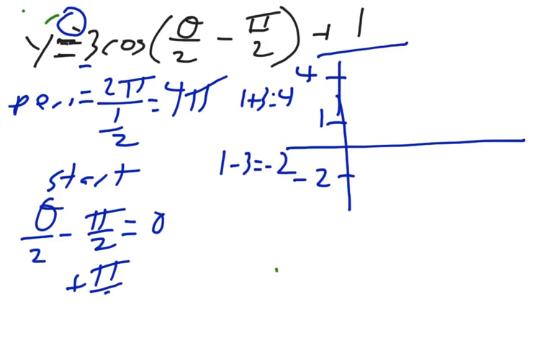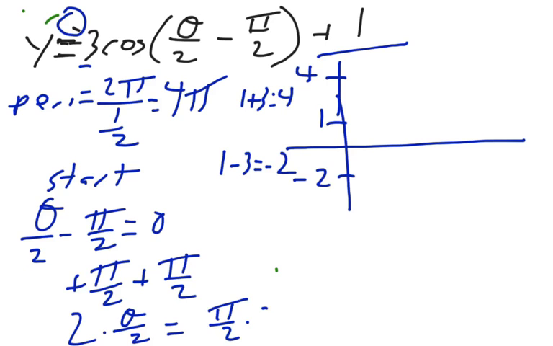Add pi over 2. So theta over 2 equals pi over 2. Multiply by 2, and theta equals pi. Well, if the period is 4 pi and I start at pi, we are going to end at 5 pi.